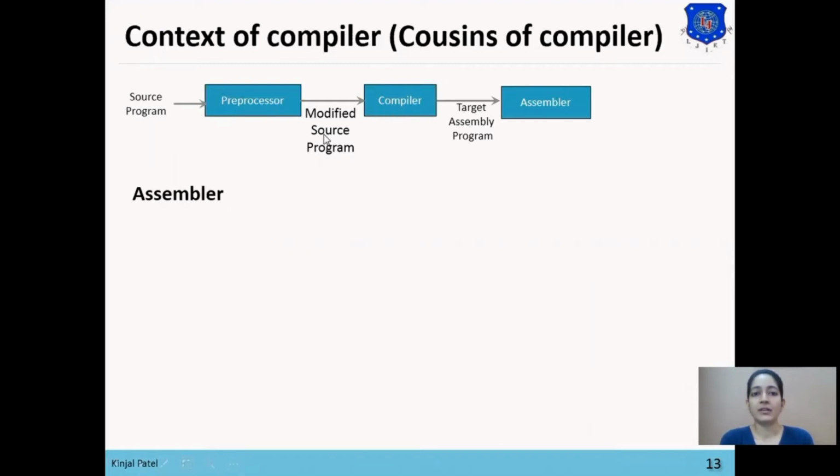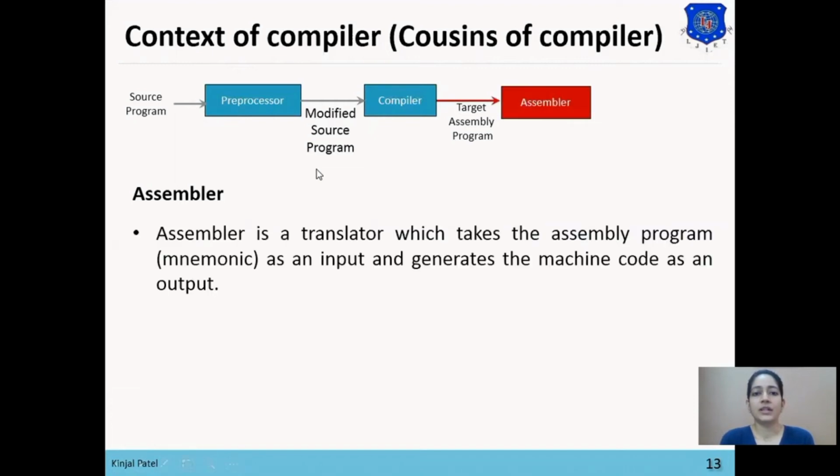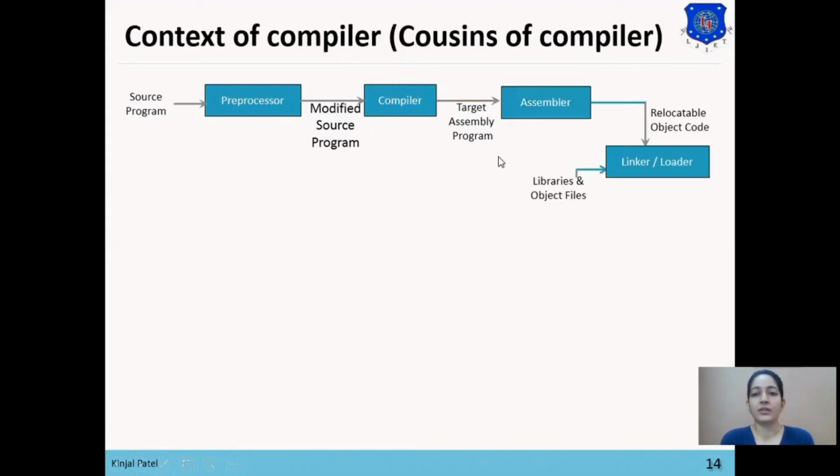So the compiler converts higher level language into lower level language, and that lower level language will be passed to the assembler as an input, and the assembler will convert this assembly language into machine language as an output. So here you can see that the assembler has converted assembly language into relocatable object code or relocatable machine code.